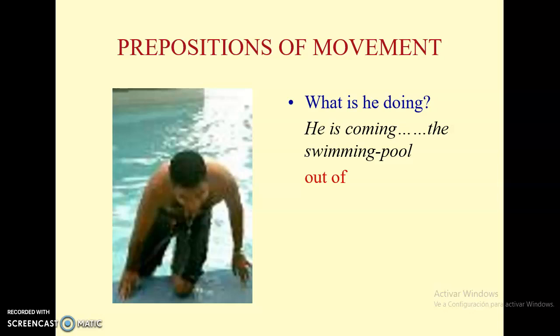For example, he's coming out of the swimming pool. I don't know if you guys smoke, but you would say he went out of the room to smoke a cigarette, for example. Or if I am carrying something heavy, I could say, take your hands out of your pocket and help me.